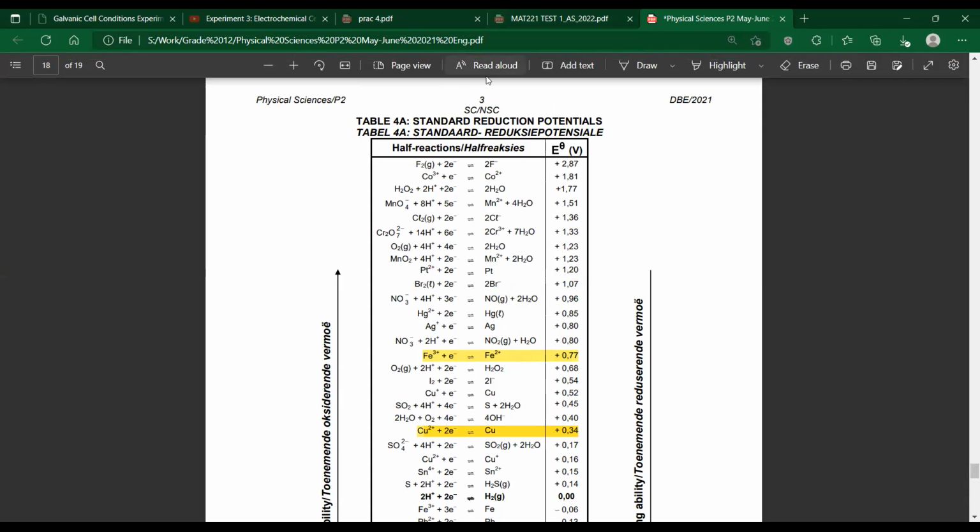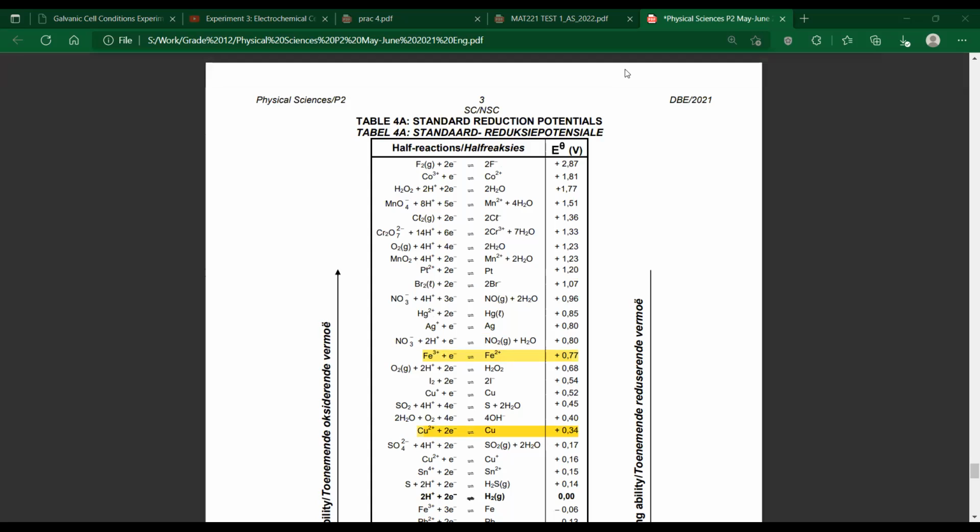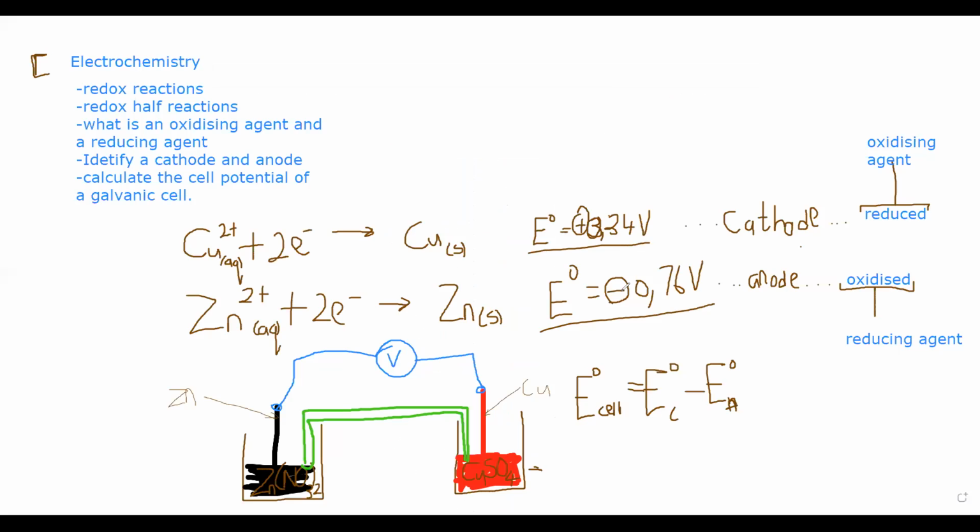Because in such situations, let me just go back to the whiteboard, where we have, let's say, Fe3+ plus an electron.